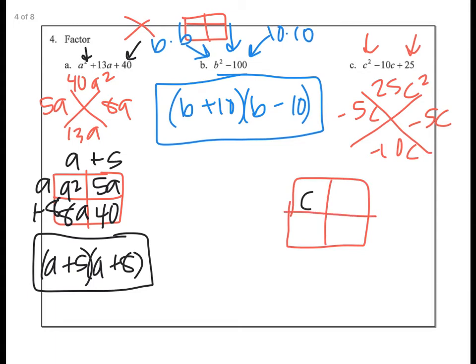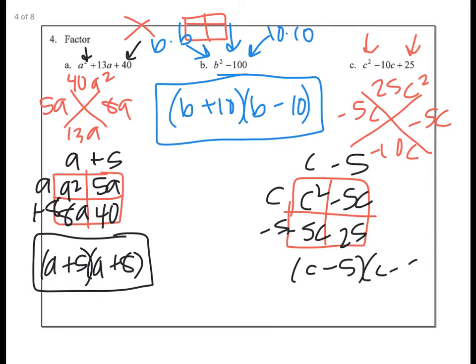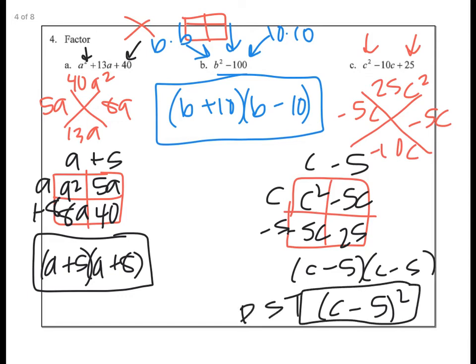So I'd have my c squared, 25, negative 5c, and negative 5c. Work that backwards, c and c, minus 5, minus 5. So here my two binomials are the same, so I can simplify it to c minus 5 squared. If you remember, this is an example of a perfect square trinomial where the binomials are the same.